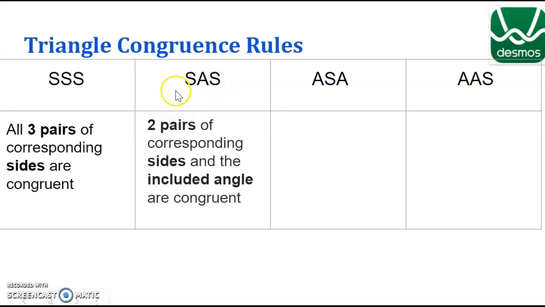Well, that means we have 2 pairs of corresponding sides, plus the included angle. Notice that the angle is squished between those 2 sides, first side and the second side. So the included angles are congruent.